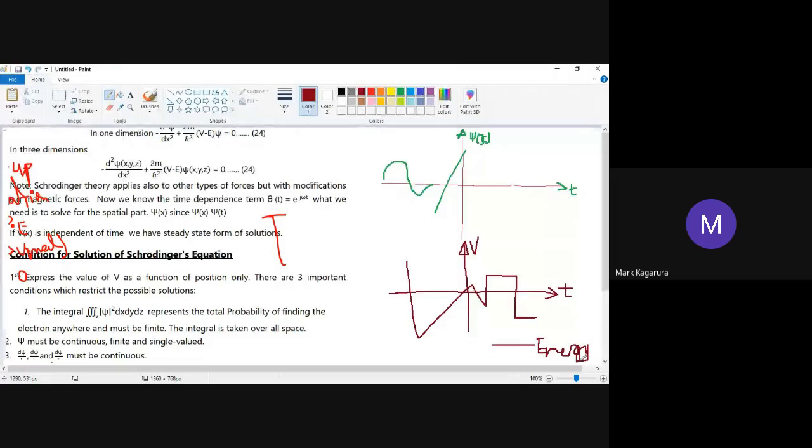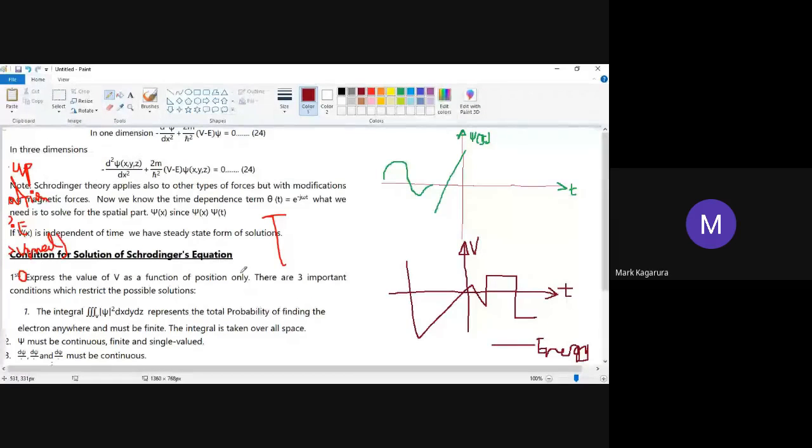It will just be a certain value, a certain level somewhere. But having energy in terms of wave, I think, is meaningless. So we're going to see what happens to these conditions.